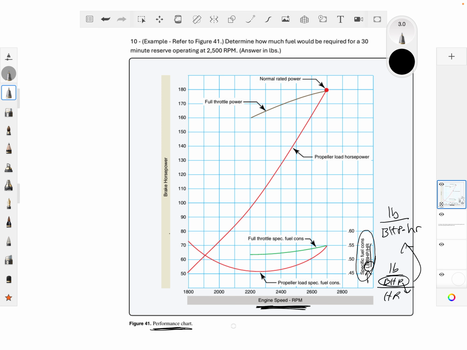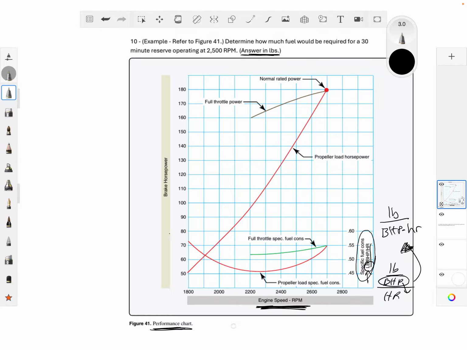It says, determine how much fuel would be required for a 30-minute reserve operating at 2,500 RPM. So what we're trying to figure out is how much fuel, and the answer needs to be in pounds, we would need. For every flight, you do have to have a 30-minute reserve of fuel per the regulations. So we're just trying to calculate how much fuel that actually is.